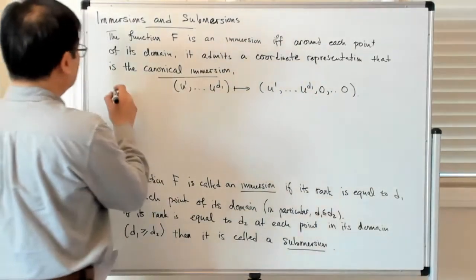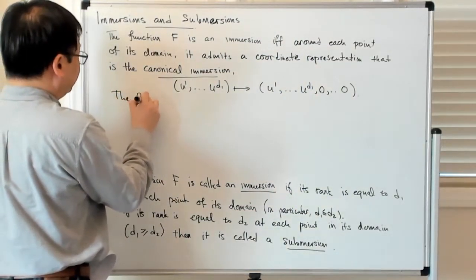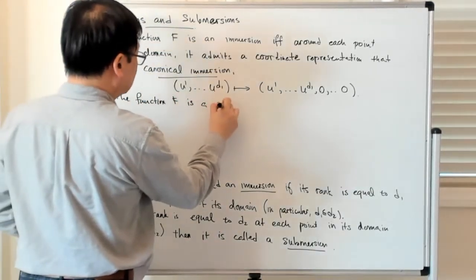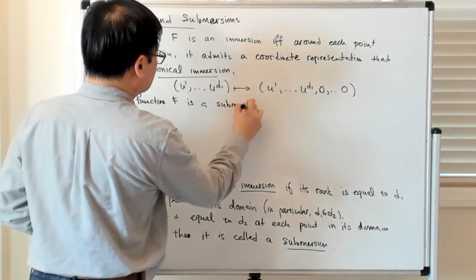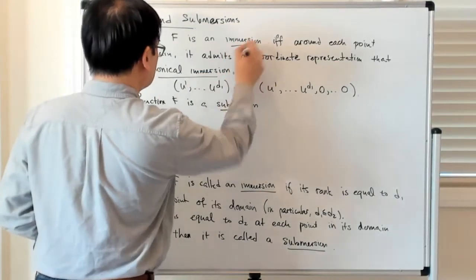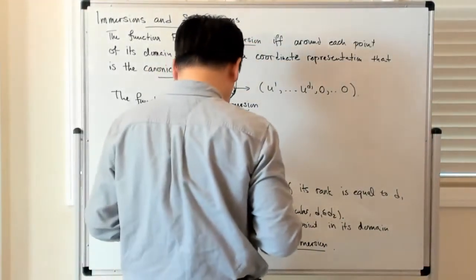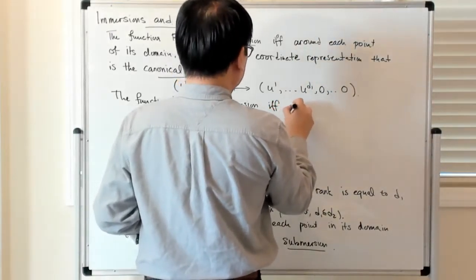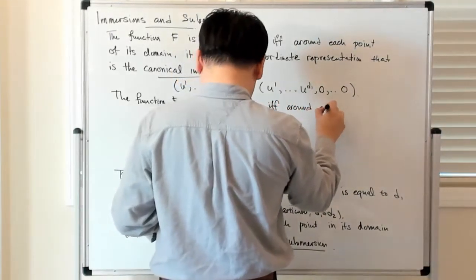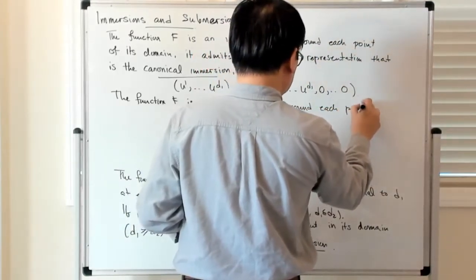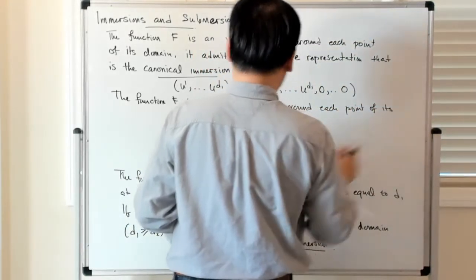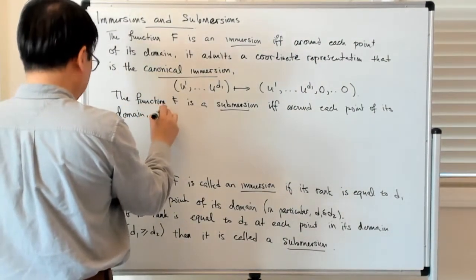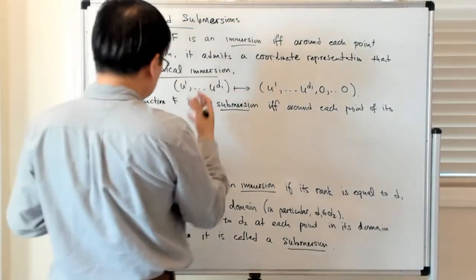Okay, and then the function f is a submersion if and only if around each point of its domain it admits a canonical submersion.